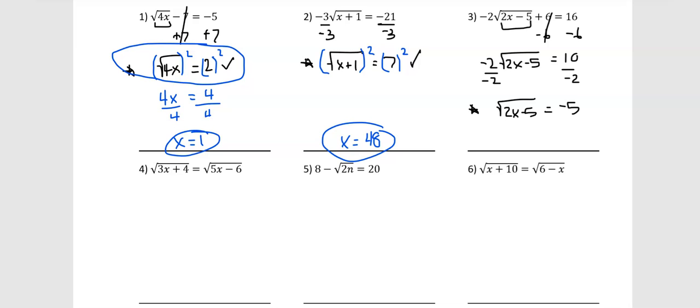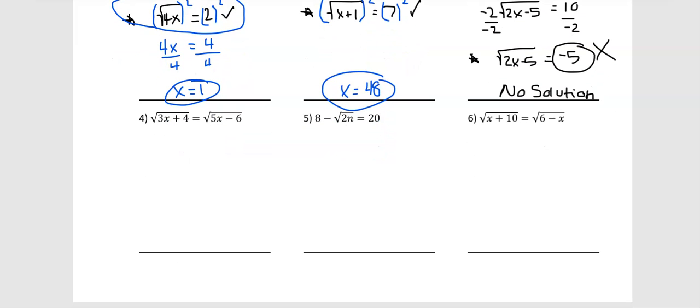Because here's our checking step. Right there, that is not allowed to happen. Okay, since that is a negative, this makes it a no solution. So you don't even have to square both sides. Okay? So checking right here when our radical expression is isolated, if that's negative, you cannot continue. Alright?